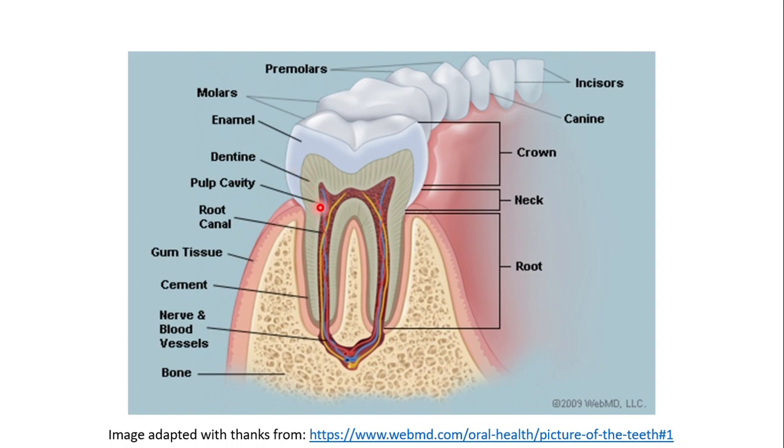Inside this pulp cavity, if you get a closer look, you will find these red vessels, this yellow structure, and this blue structure. These are nothing but blood vessels, nerves, and lymphatic vessels. What is the function of the blood vessels? Blood vessels bring nourishment to the teeth. And what is the function of the nerves?